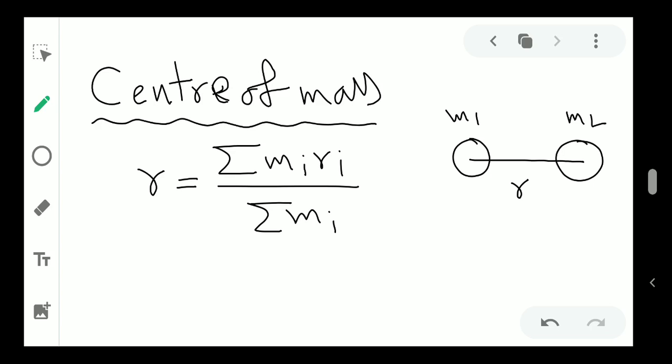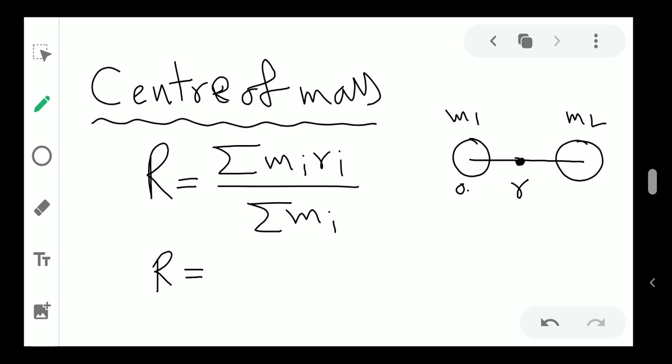If I try to find the position of my center of mass, which I don't know, let's say this is my 0 point, and the center of mass is at a position, let's say r.